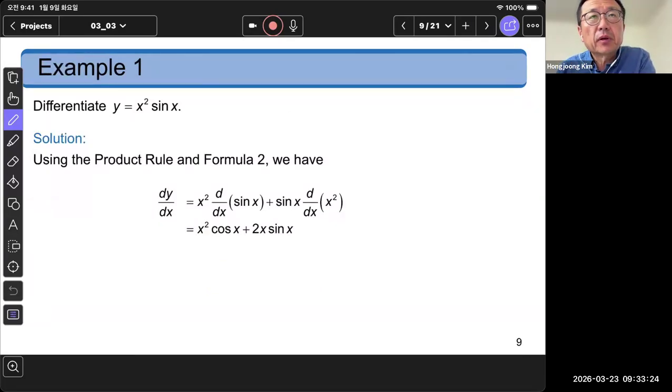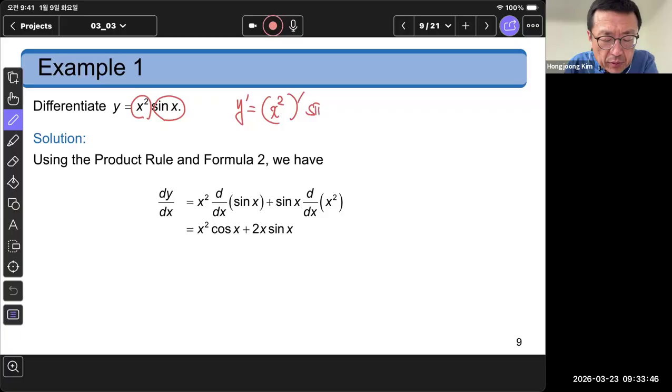As an example, if I consider the product of x squared times sine x, we have a product of two functions. As I said, you need to differentiate one by one. You first differentiate x squared, multiplied by the remaining, in this case sine x, plus you do not touch the first one, but you differentiate the second term.